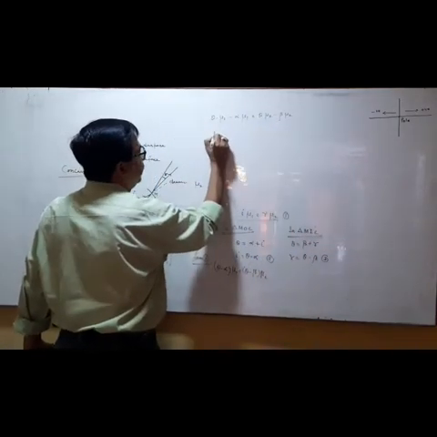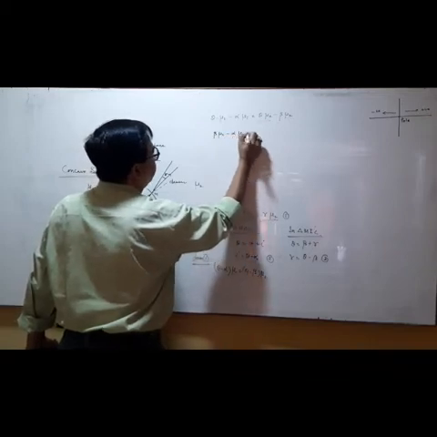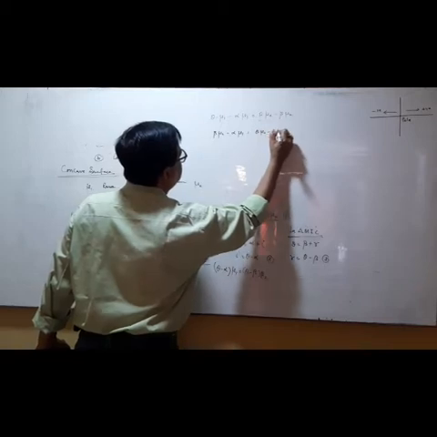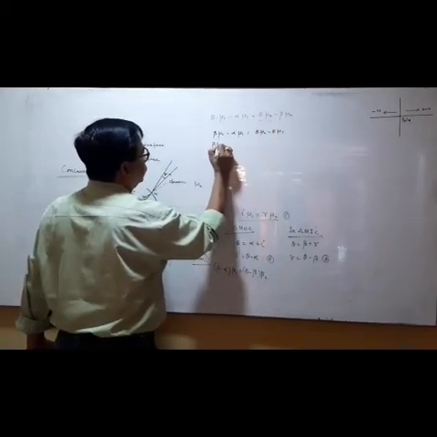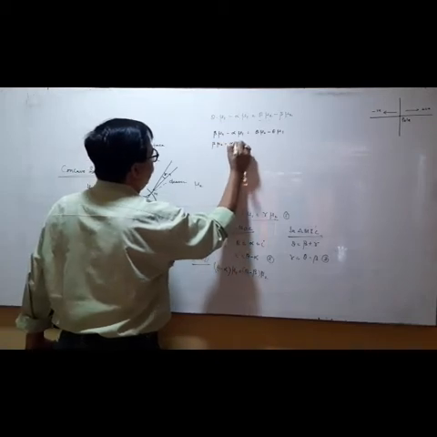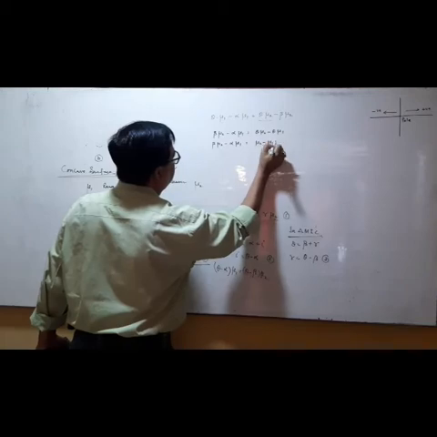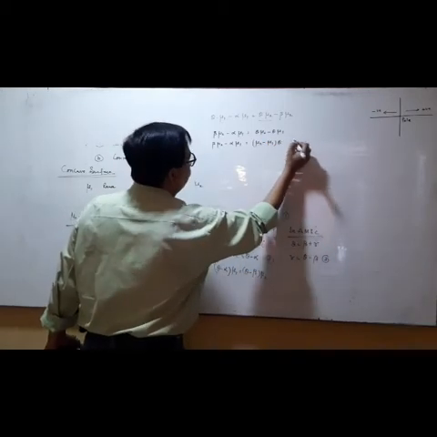So beta mu 2 minus alpha mu 1 is theta mu 2 minus theta mu 1. We can write it as beta mu 2 minus alpha mu 1 is mu 2 minus mu 1 into theta. This is equation number 4.